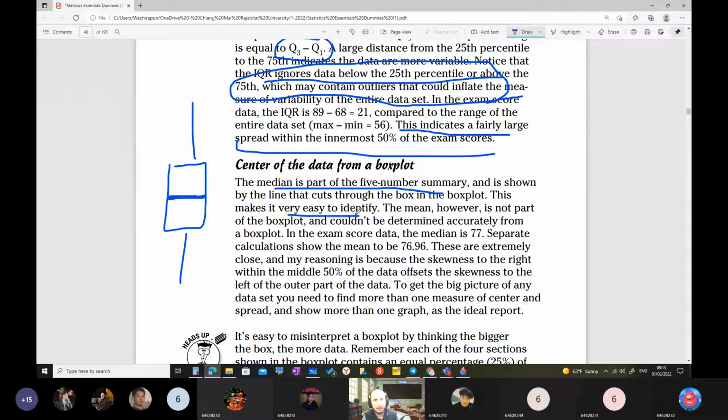It's easy to find. The median and the mean. The mean is not part of it. Mean is average. Median is the middle of the data, but mean is average.